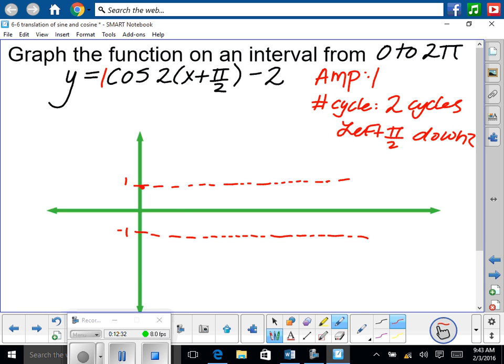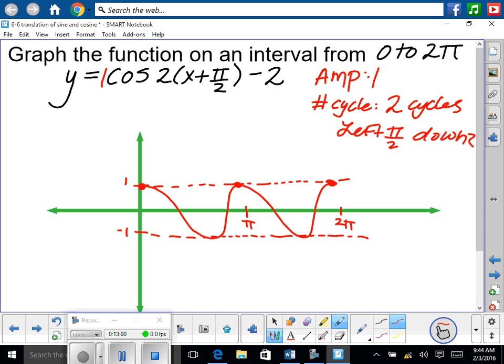So originally, the non-shifted one would be 1 cosine, right? Everybody? Yep. And then 2 cycles. There's 1 cycle, there's 2. So that's from 0 to 2 pi, so I know that this is 2 pi. So then cutting it in half, wasn't this pi? Everybody following me?